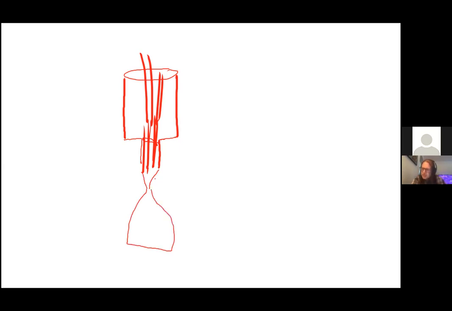We used to use those for timers. This is the rate determining step. It's going to go real slow through here. So if you say, how long did it take for all the sand up here to get down here? This was fast. We can ignore this step. That only took a second. But this might take a minute or 10 minutes. So this is what we determine, okay? If it happens in the second step, it's more complicated than if it happens in the first step, okay?